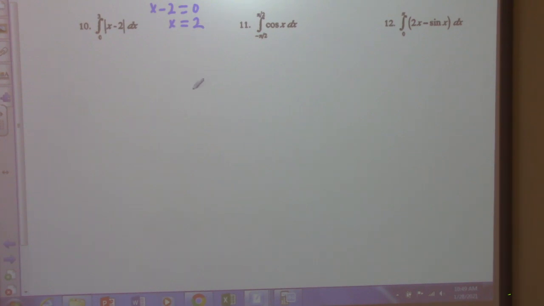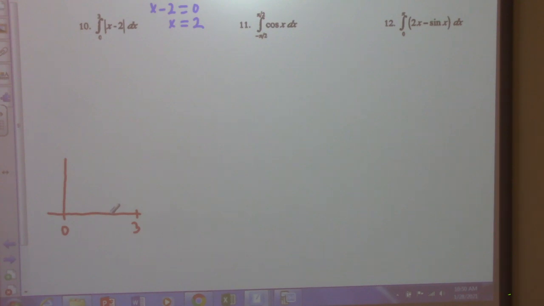You can draw a little sketch of it. A little sketch right here. You're going from 0 to 3. And you have x equals 2 being the center point here. So you got x minus 2, you got absolute value of x minus 2.